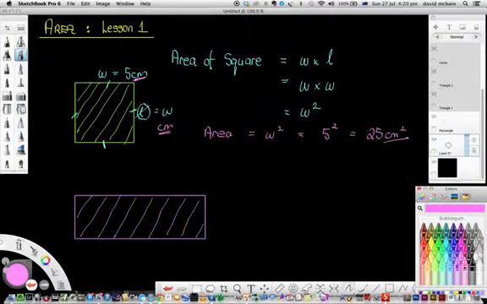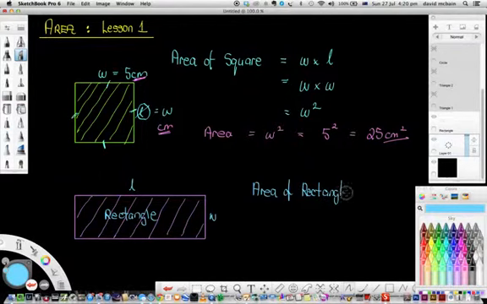With our rectangle, this is our rectangle in here. This is our length and this is our width. And I'm sure you already know that the area of a rectangle equals its length multiplied by its width.